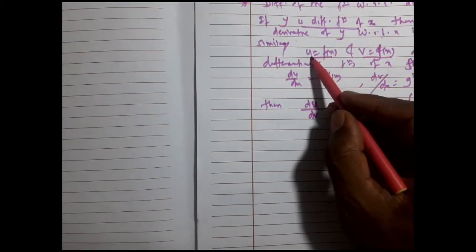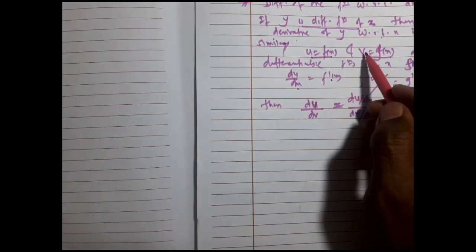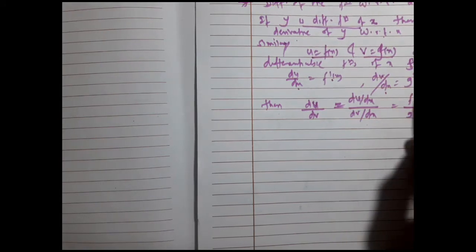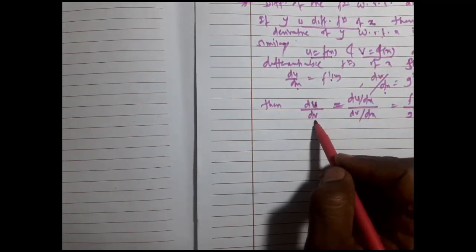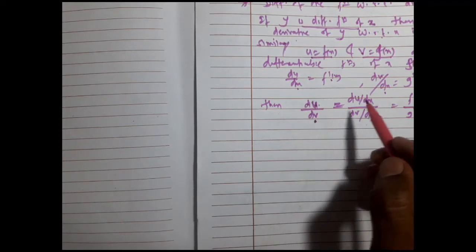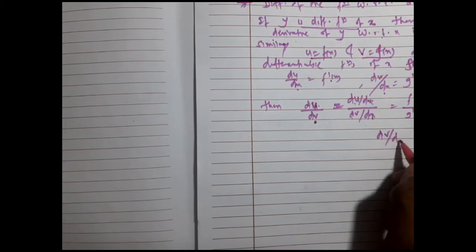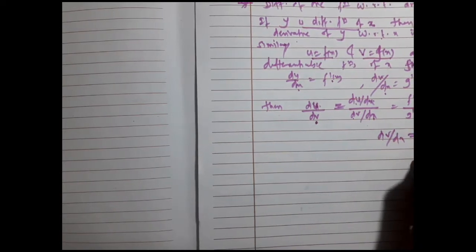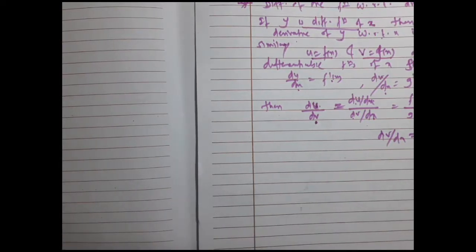The derivative of u with respect to x is du by dx, that is f dash x, and the derivative of v with respect to x is dv by dx, that is g dash x. Then the derivative of u with respect to v, that is du by dv, is du by dx upon dv by dx. Of course, dv by dx is equal to g dash x, not equal to 0.